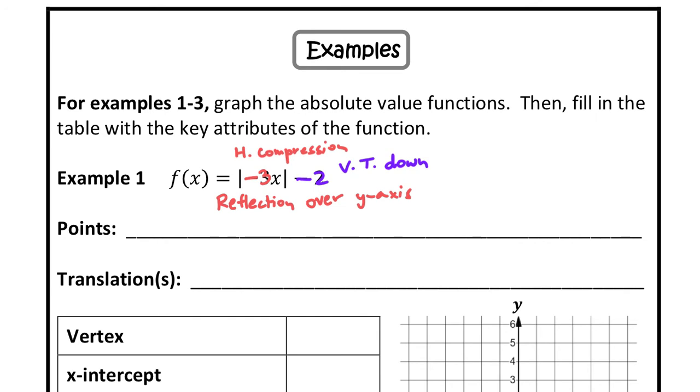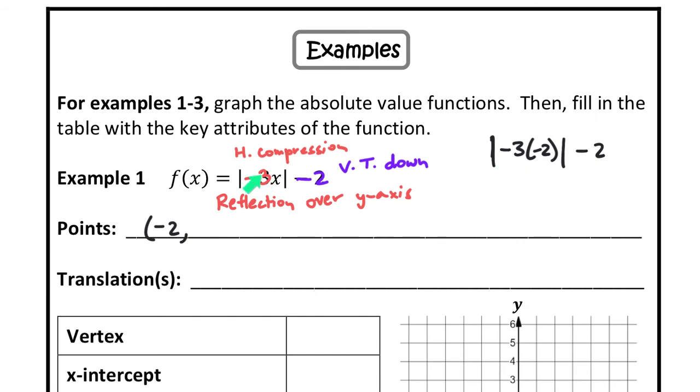Okay, so what we can do also is plug in some points. Let's do the same thing we were doing before, right? If I plug in -2, I'm going to do the absolute value of -3 times -2, close absolute values, -2.